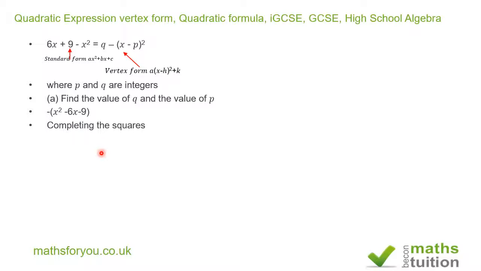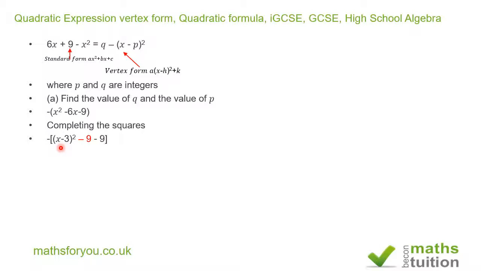So we're going to use the principle of completing the square, in which case our expression becomes open square brackets x minus 3 all squared minus 9 minus 9.